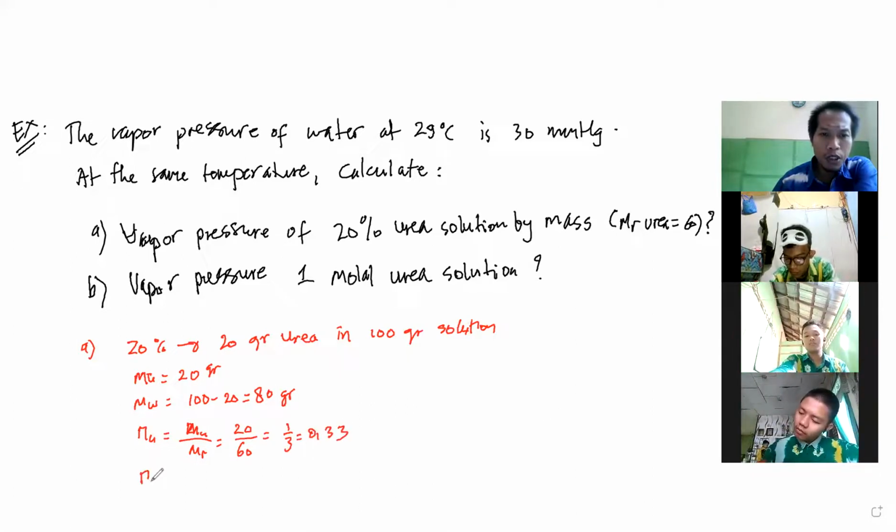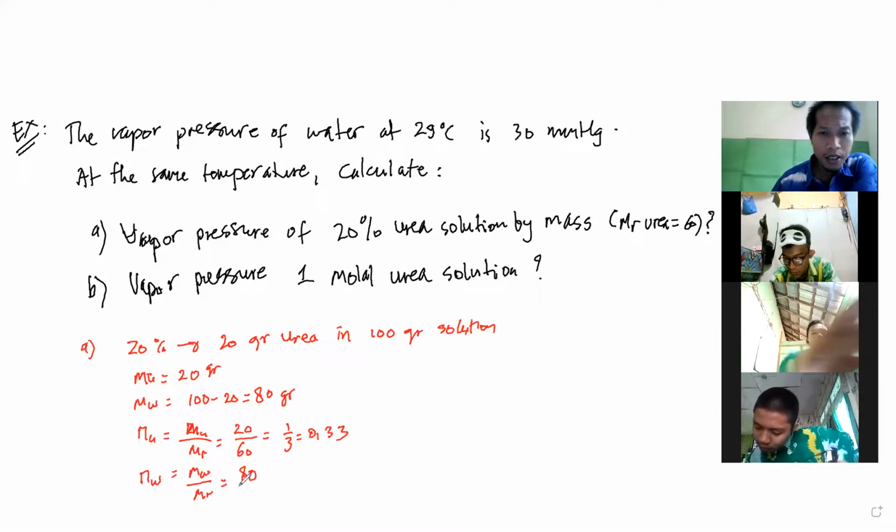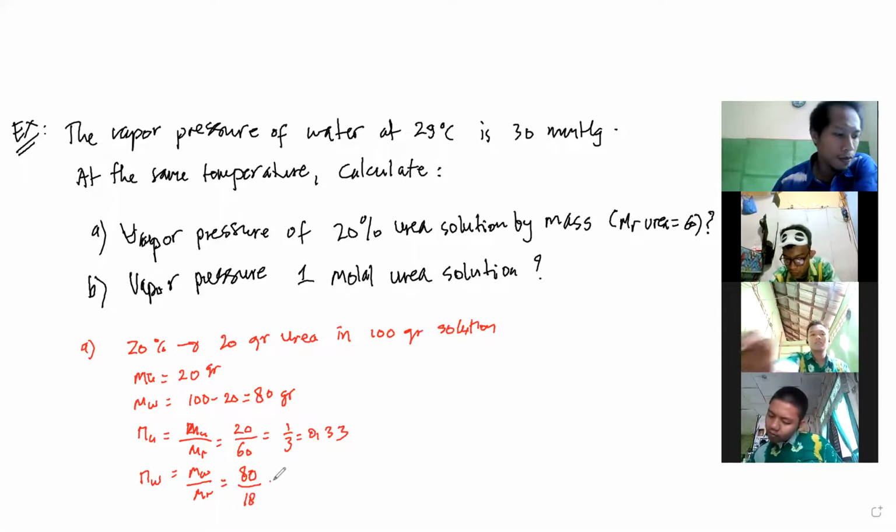The mole of water is mass of water divided by Mr. It is 80 divided by 18, and you get 4.4.